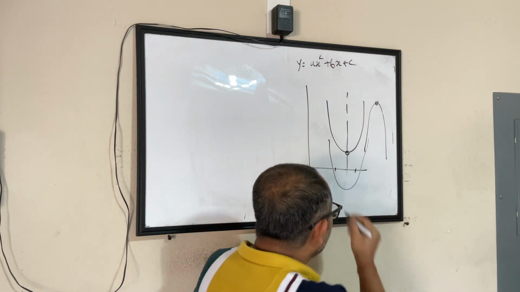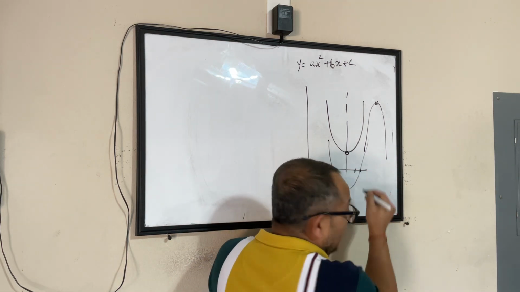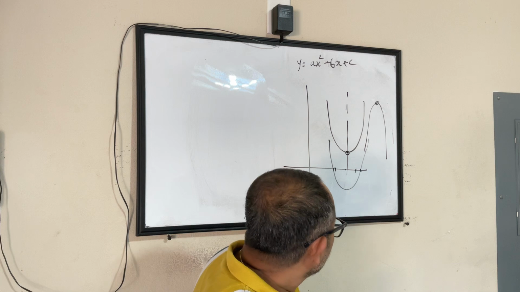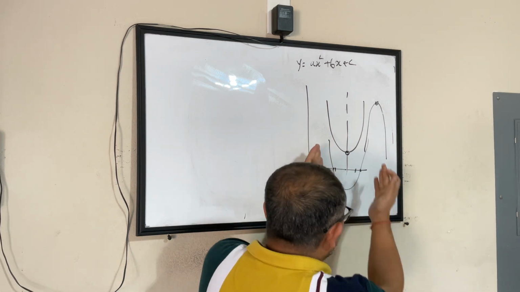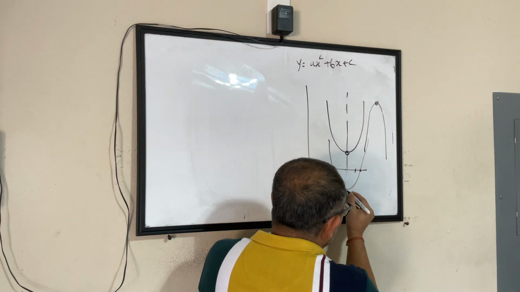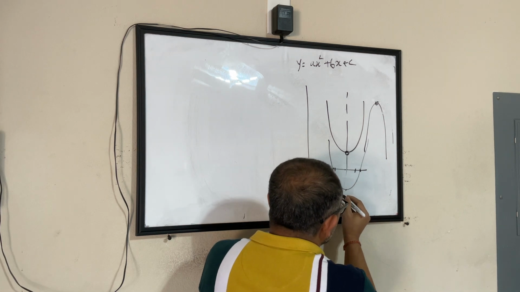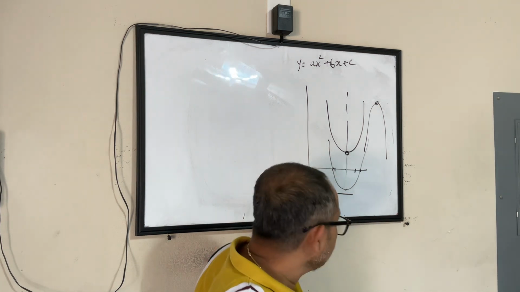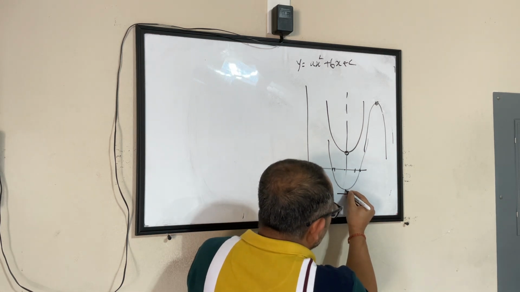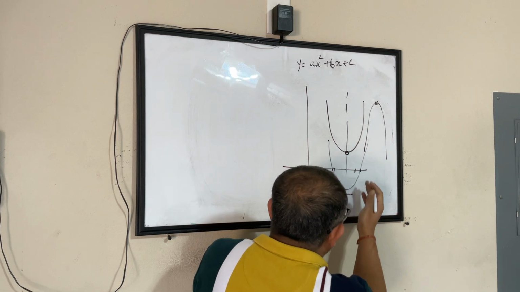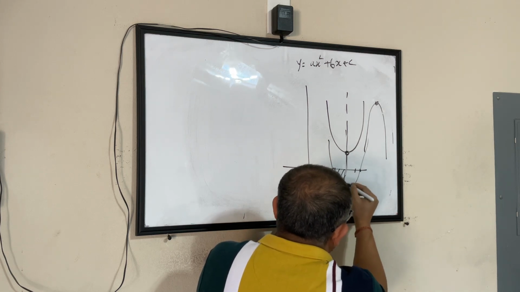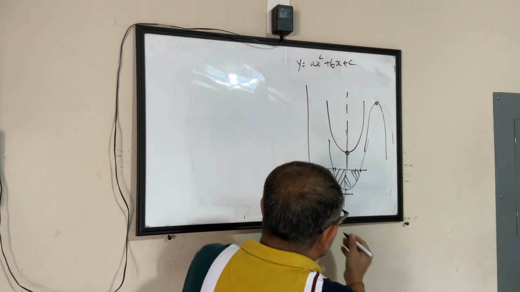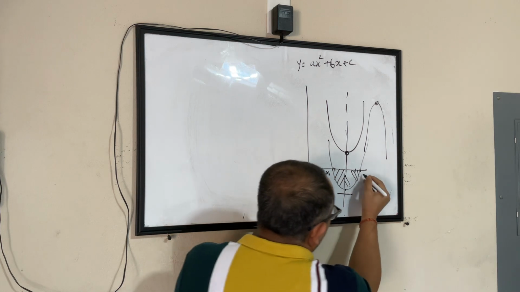So when you have 2 points where it's intersecting, then what we are trying to say here is, if it's a parabola which is facing upward, then my vertex has a y value negative. Or if you look at it pictorially, let's say there are 2 points, x1 and x2.